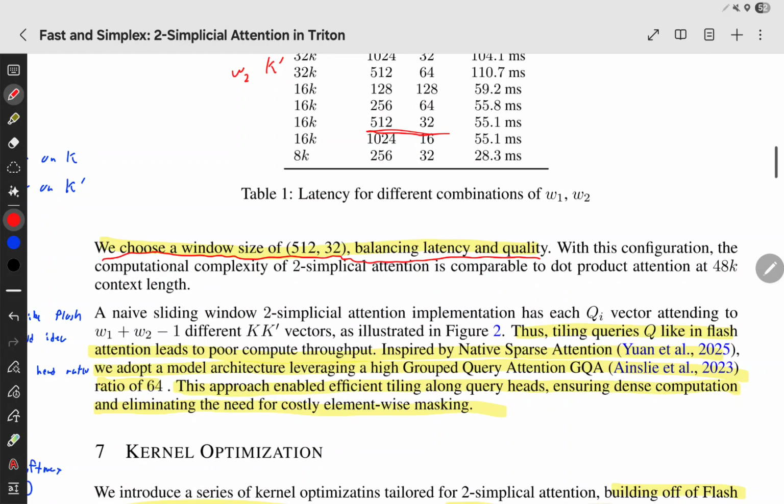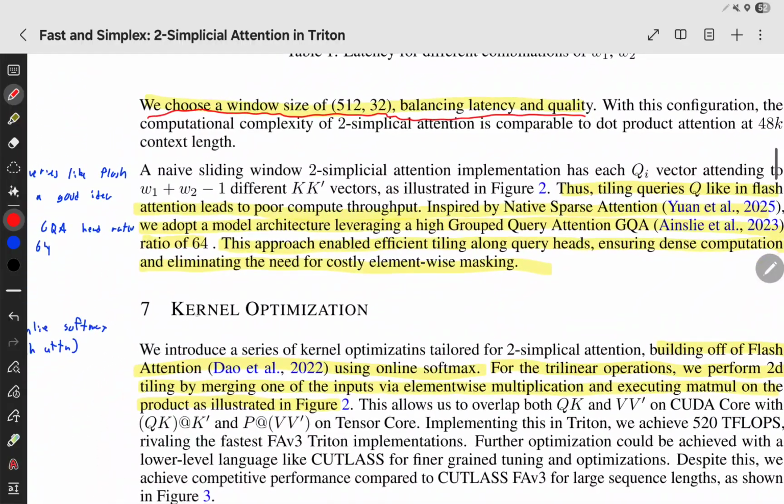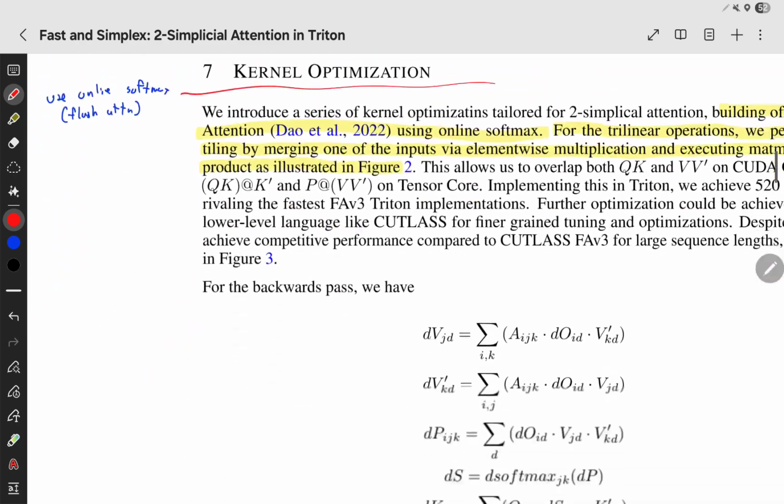They say we use sliding window attention instead. Here, they say, let's create a Triton kernel for this. So they basically do flash attention, but over two axes.